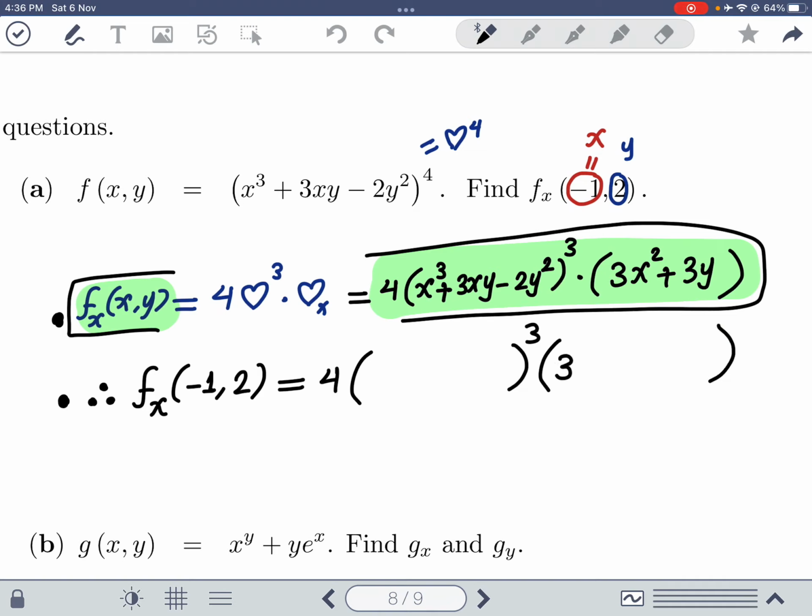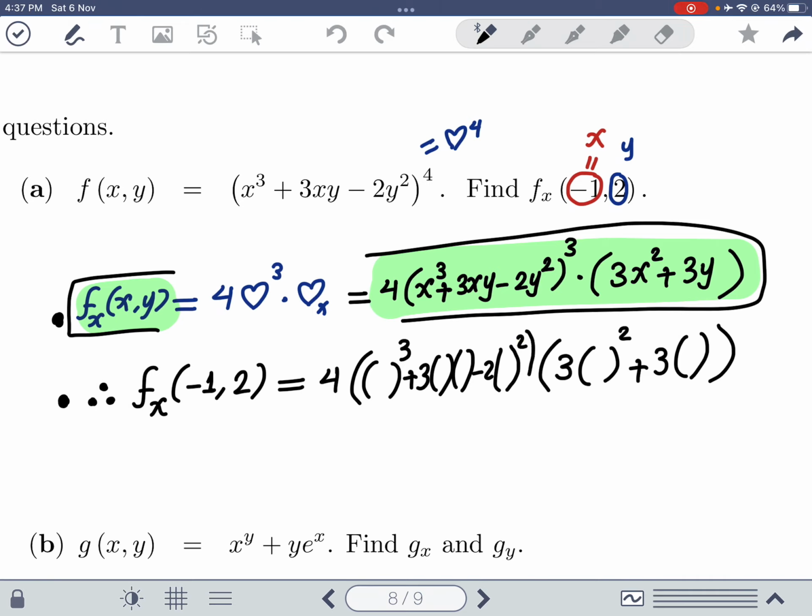So this is 3x squared plus 3y. This one is x cubed plus 3xy minus 2y squared. Whoa, it's big. Y squared, and then all of it cubed, all of this thing.